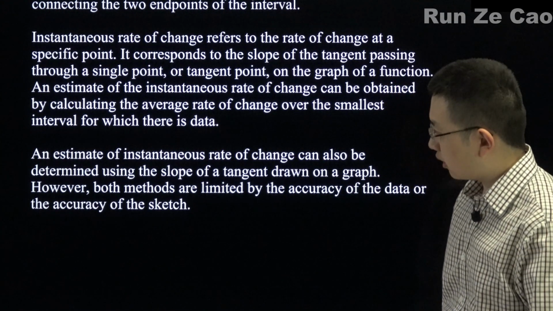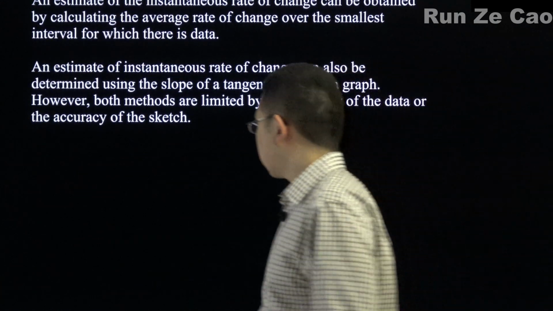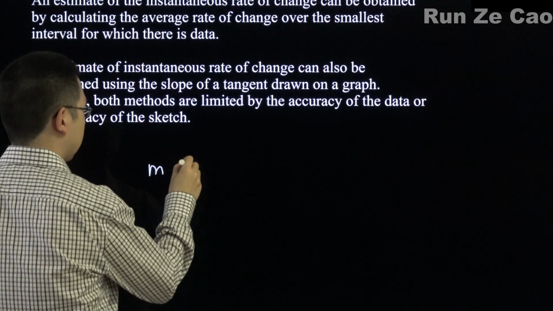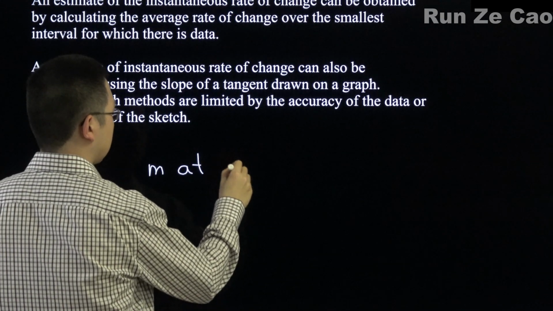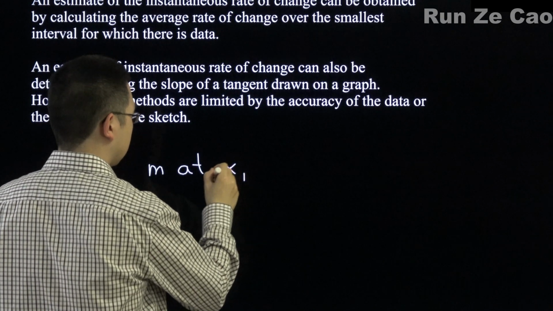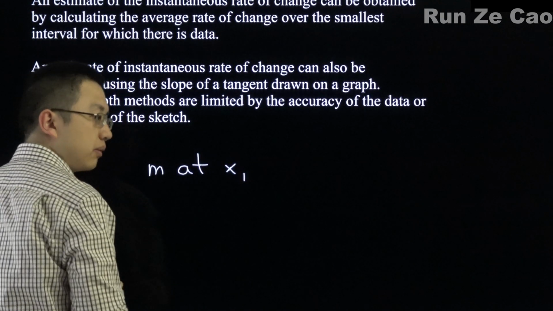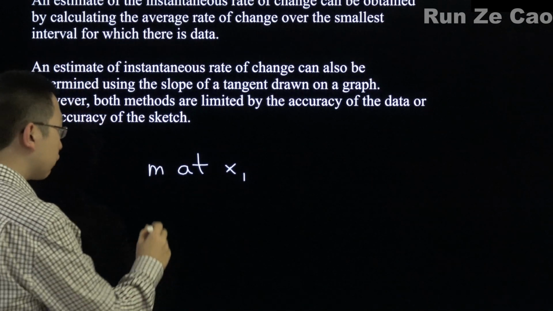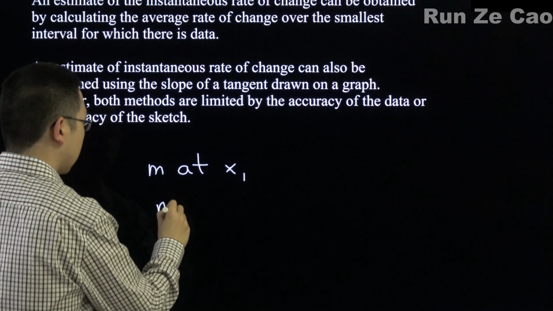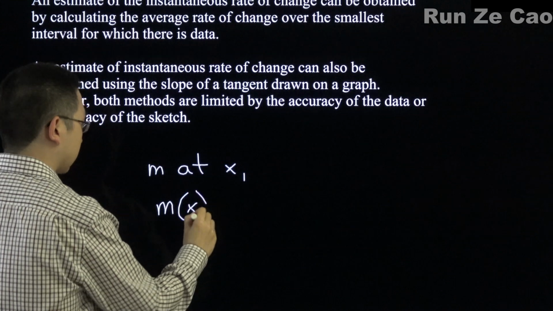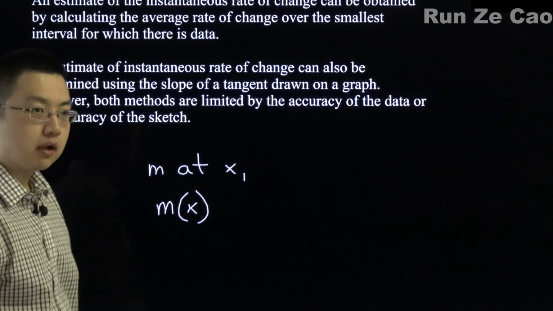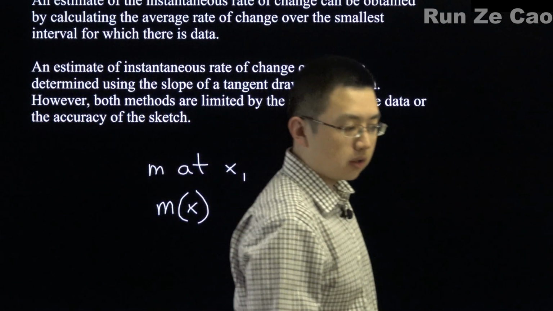So instead of just m at, say, x1, we found something a lot more useful, which was m of x. So we found m as a function of x.